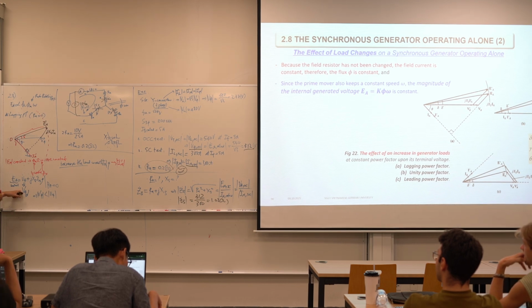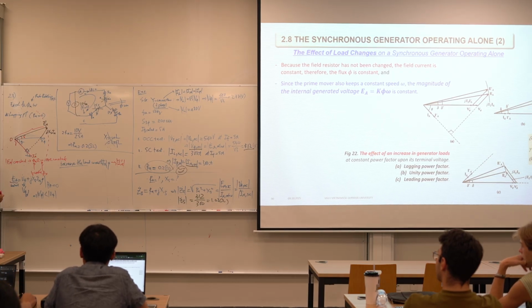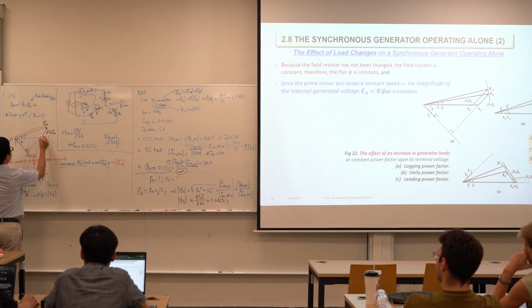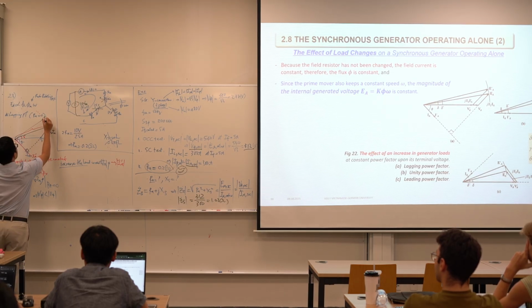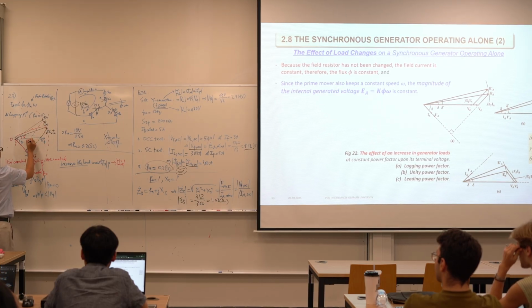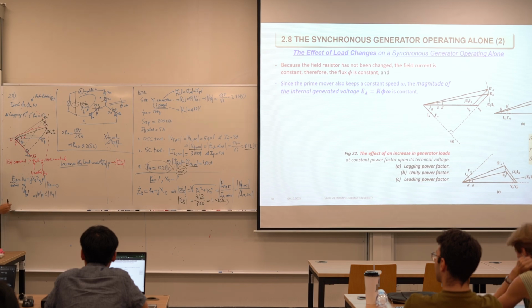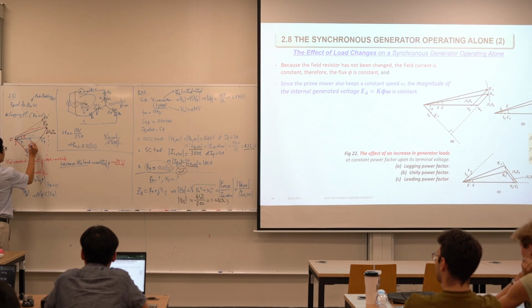And V phase decreases. So now maybe we have EA over common like this. Okay, and this one should be perpendicular to this one, right? So here is V phase over common.